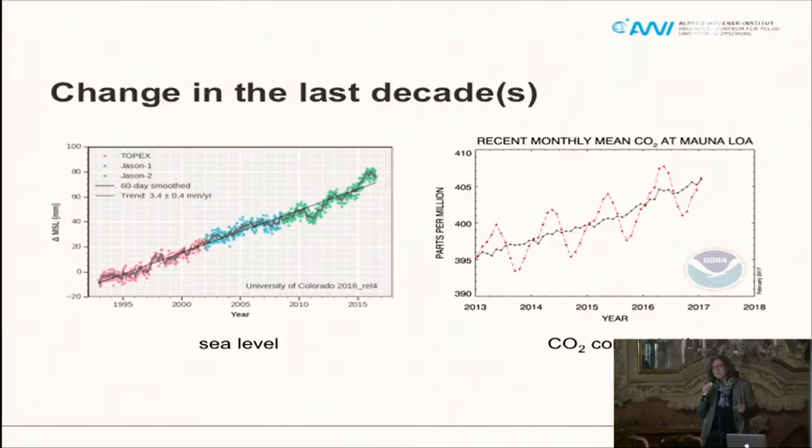It's called the self-gravitation effect. You have the large mass of the Greenland ice sheet, which attracts the large mass of the ocean. If this large mass of the ice sheet is getting smaller, then the attraction is lower. Your sea level around the Greenland ice sheet is dropping, but this volume has to go elsewhere. So it's going to other areas, and that is making a fingerprint, the distribution of the regional sea level.